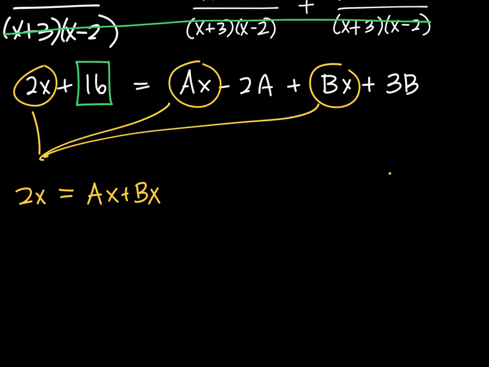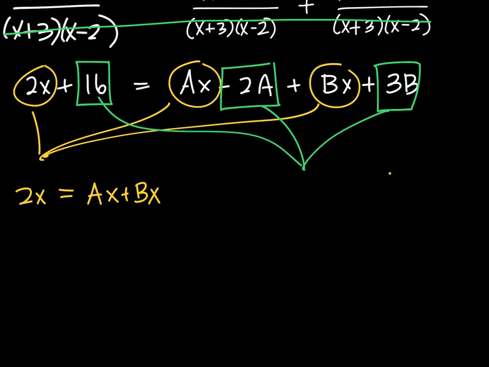So a 16, a minus 2a, and a 3b. Those we're going to extract into another equation, negative 2a and 3b. And we are going to solve using the methods from this week. We're going to use substitution or elimination to solve.